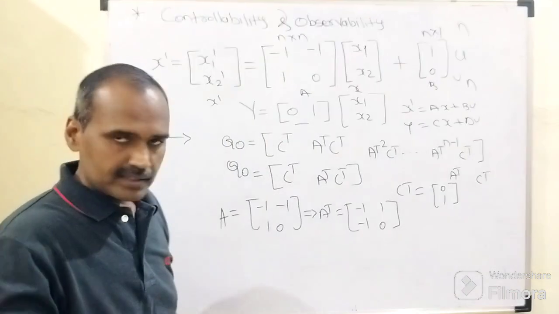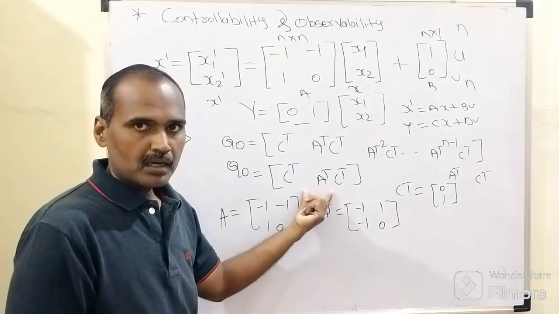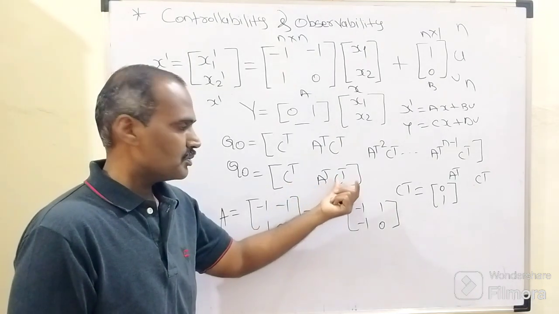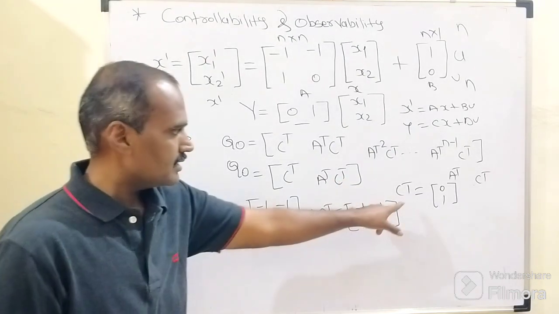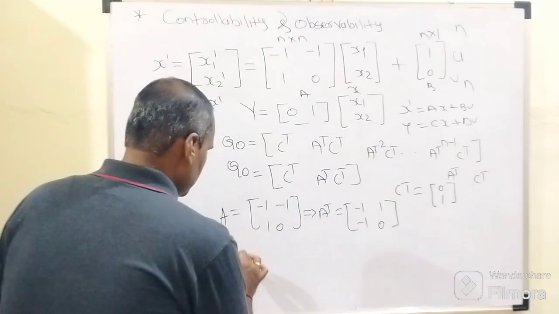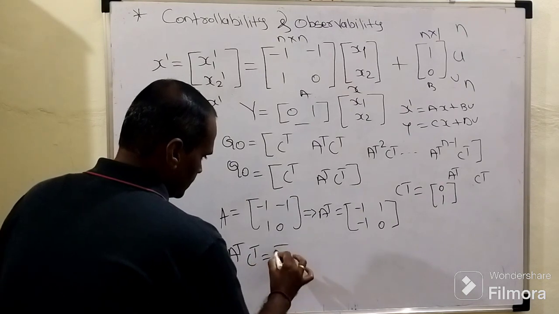Then after that, the same methodology applies. We need to multiply these two associated matrices, C transpose and A transpose multiplied by C transpose. So first of all we need to determine the term A transpose into C transpose, right?